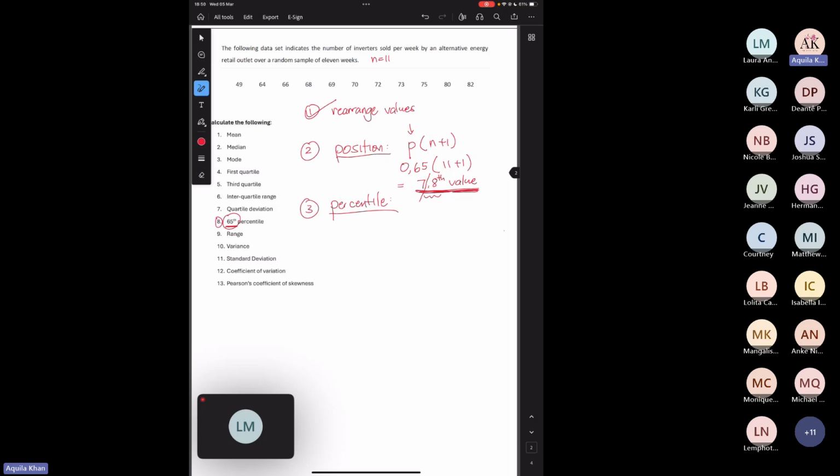The 0.8 is basically 0.8. So separate the 7 from the 0.8. The 7 is saying to you, go to the 7th value in your data set. So you'll count 1, 2, 3, 4, 5, 6, 7. The 7th value is 72. So you'll write down 72.